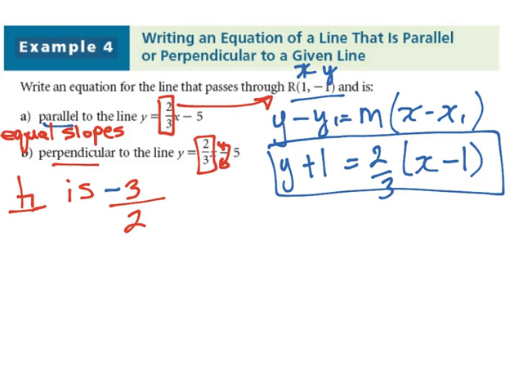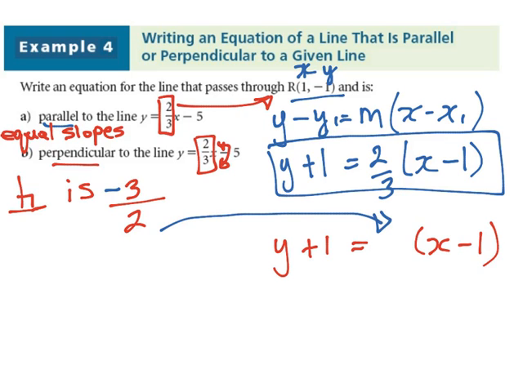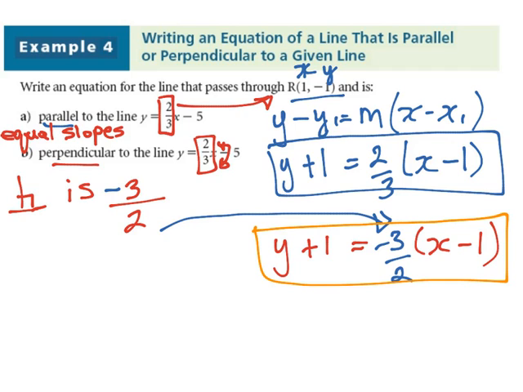It's still going to be y plus 1 is equal to the slope times x minus 1. But now our slope will be negative 3 over 2, because this line is perpendicular to 2/3 x minus 5 and has a point of 1 and negative 1. This concludes our lesson.